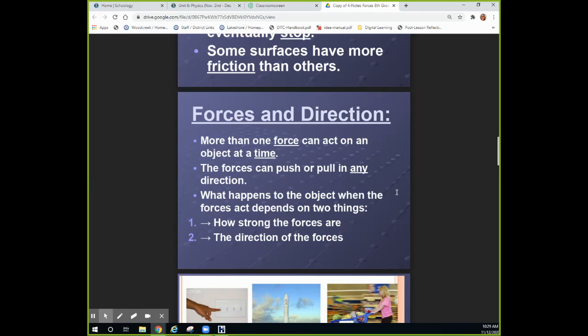So if all of the forces are in the same direction, you're most likely going to have movement in that same direction. But if the forces are all in different directions, then we have to consider, are the forces equal? Where is the stronger force? And that'll help you determine what direction the object will move.